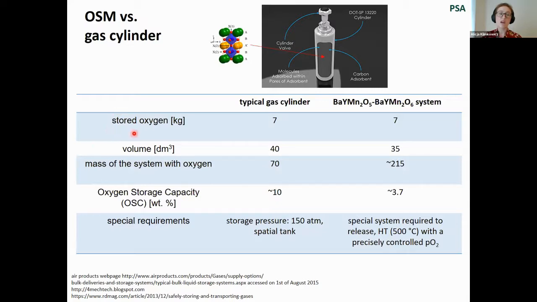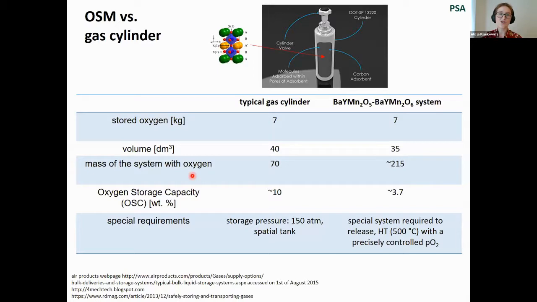For example, the stored oxygen. I initially decided that, let's say, I want to store 7 kilograms of oxygen, which is a typical value for the gas cylinder. So for the oxygen storage system, I will also use 7 kilograms. The volume of those two systems is very comparable, with a little advantage for the oxygen storage system.